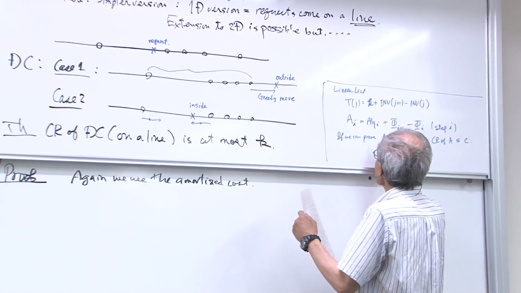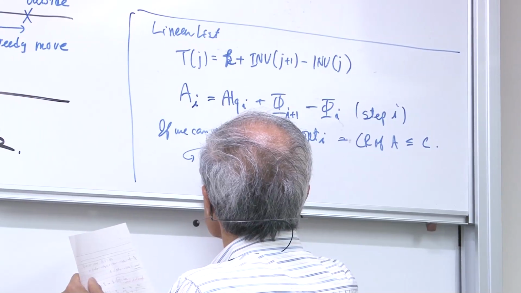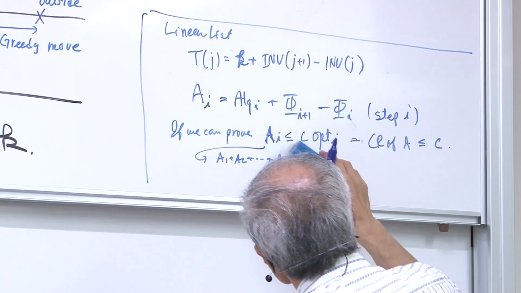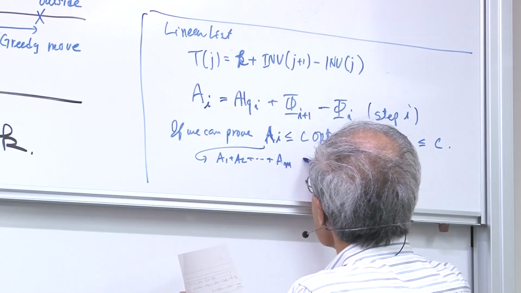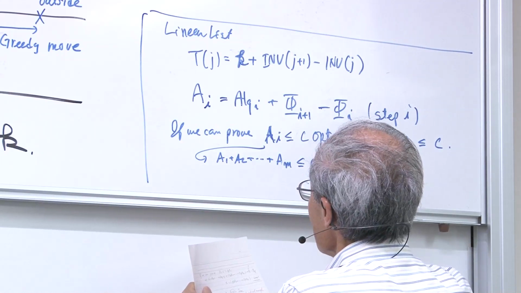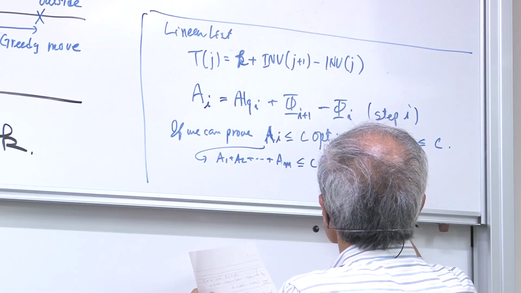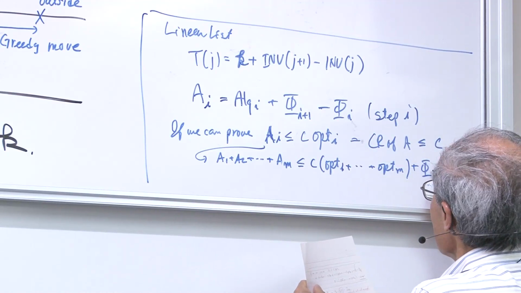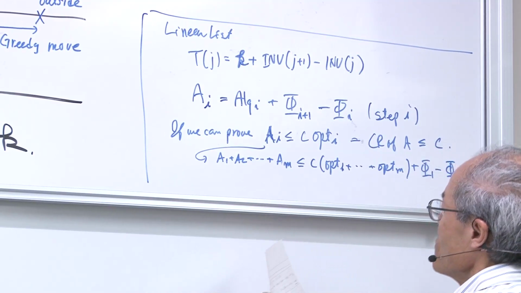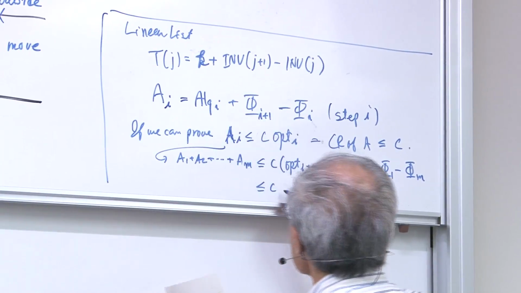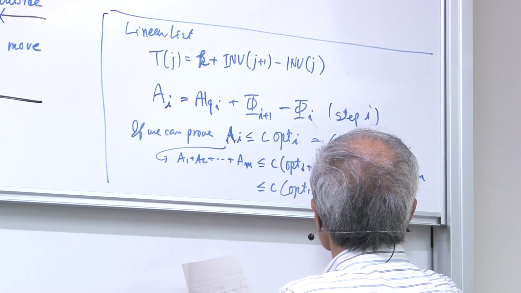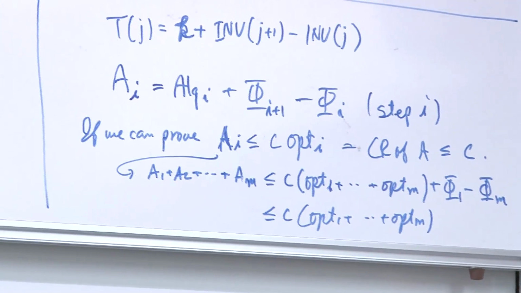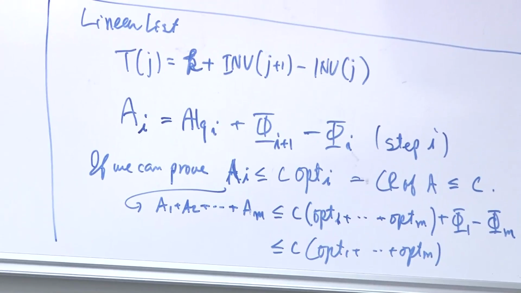Because if you can prove this inequality, then you just sum up the whole cost of this side.